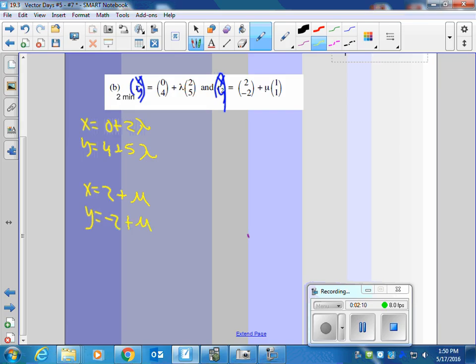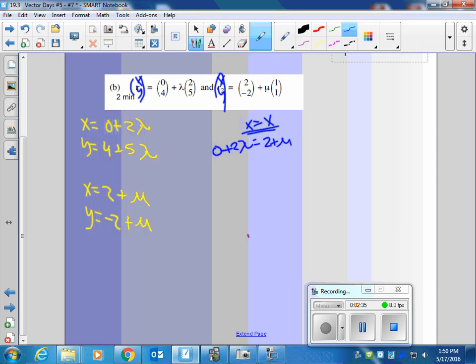Okay. Jacob, what was the challenge that you had with the intersection? Oh, okay. So let's set the x equal to x. How does that sound? So you have 0 plus 2 lambda is equal to 2 plus mu.